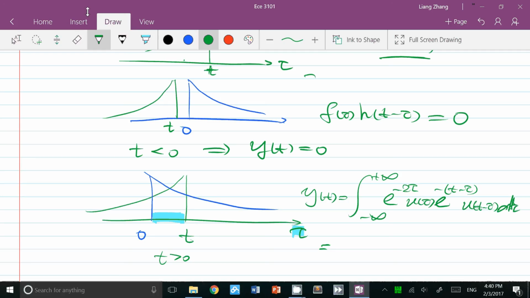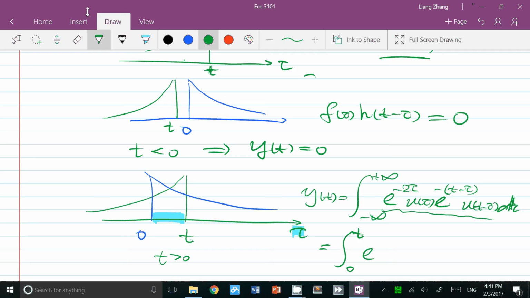This will be equal to just from 0 to t. Since this is the only range, this product won't be equal to 0. Beyond this range, one of them will be 0, and that will basically cancel out the other.